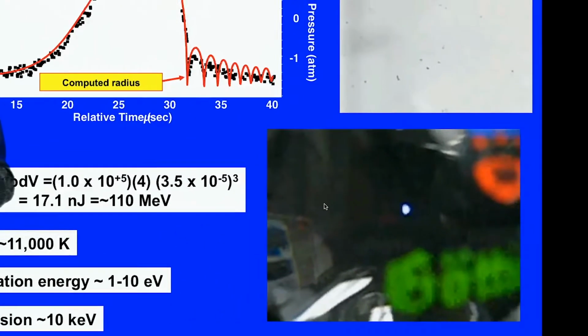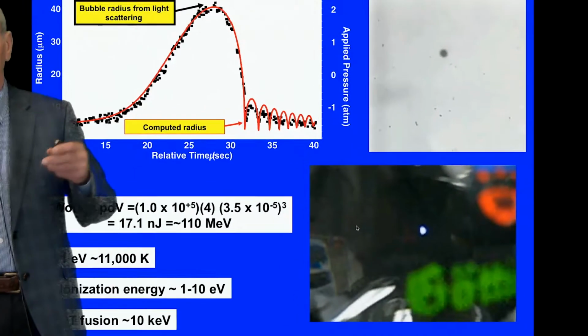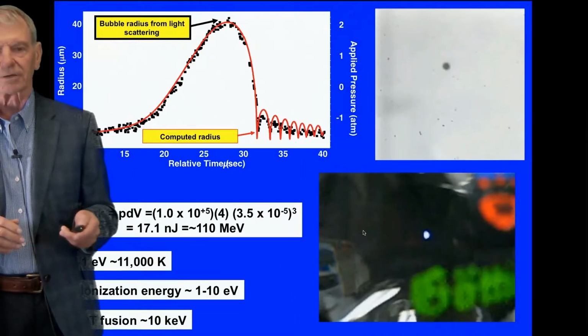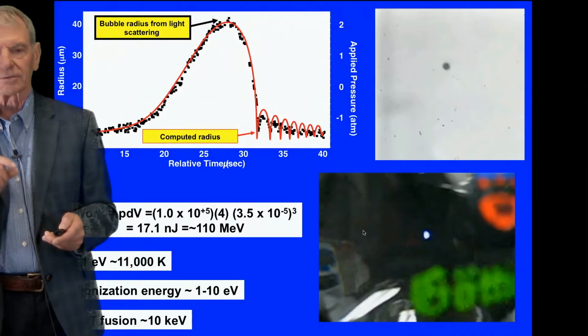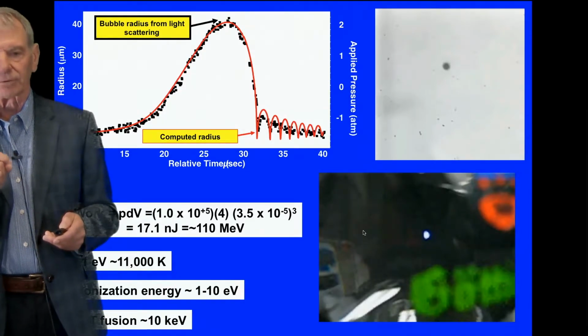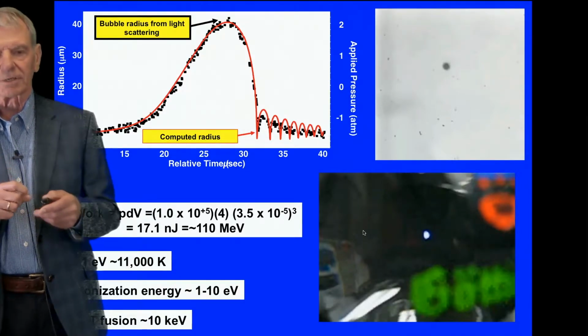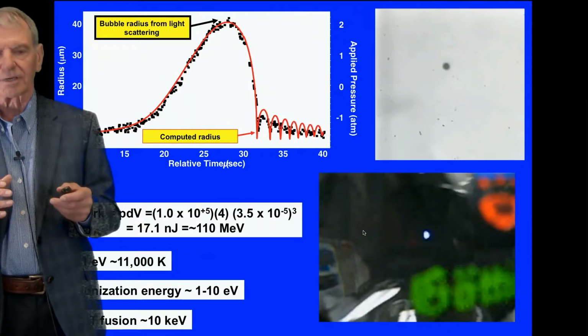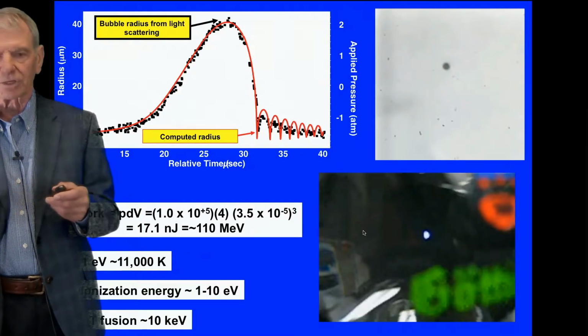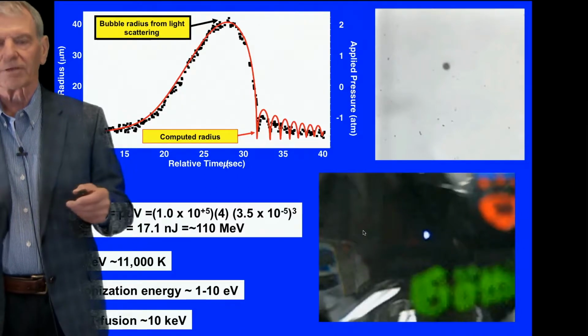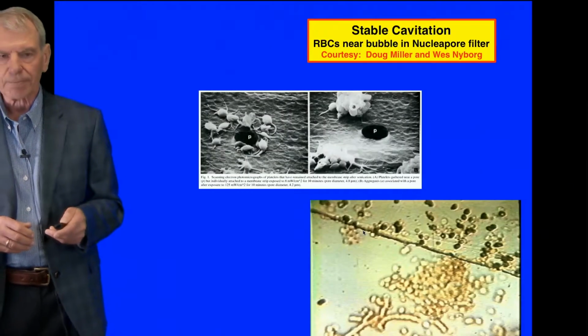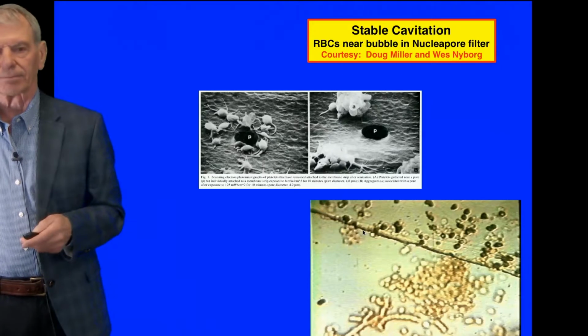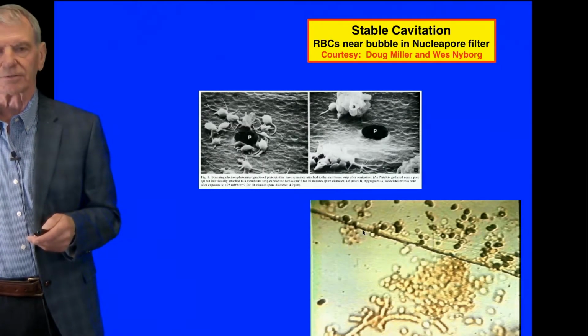Not necessarily MeV, because not all the energy of the collapse is given into the energy of the bubble itself. So this concept of single bubble sonoluminescence has given us a very interesting way to find out the energy concentration by the acoustic field. So let's apply some of these ideas to medicine now.